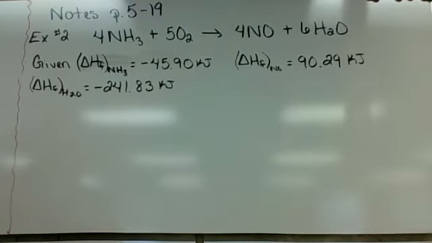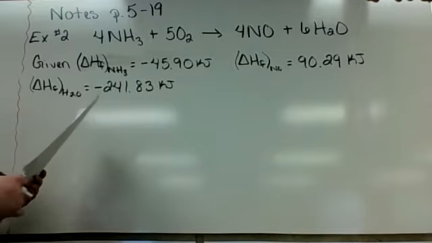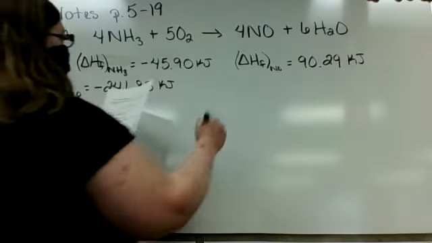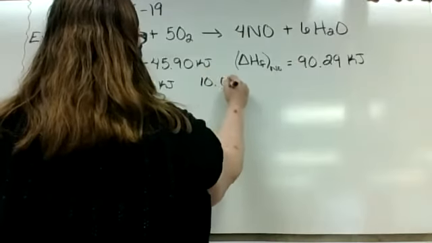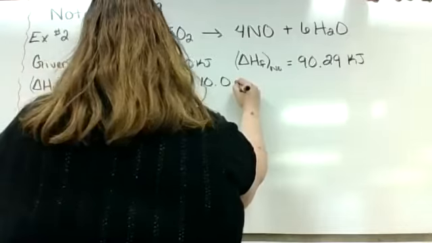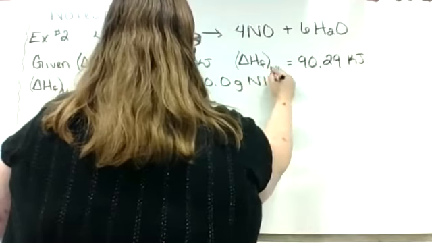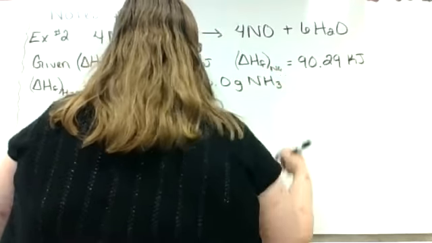All right, so we want the enthalpy of reaction first. The full problem is, using the information in Appendix L, calculate the quantity of heat evolved or absorbed in the oxidation of 10.0 grams of NH3.